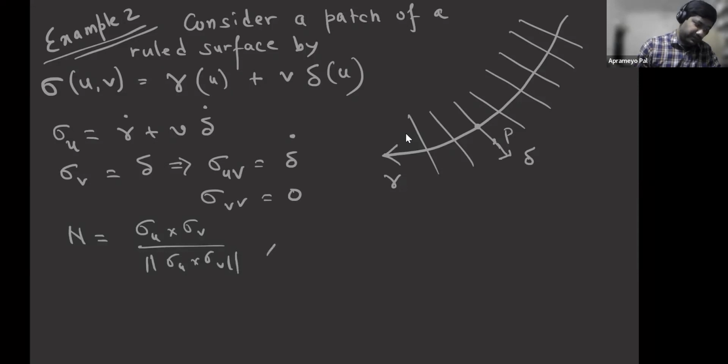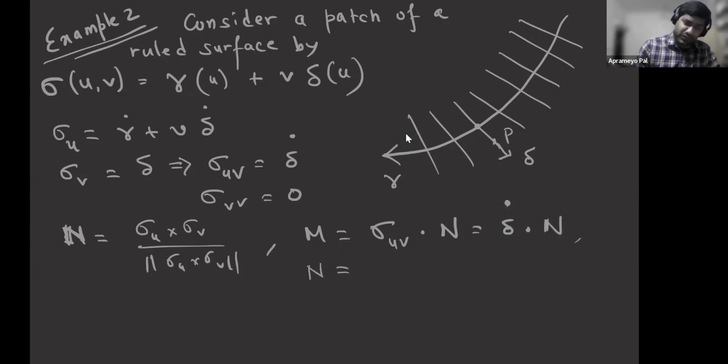This is the unit normal. So then m is actually given by sigma uv dot n, which is delta dot n, and the coefficient of the second fundamental form, n, without bold, is also 0. This you can also compute.